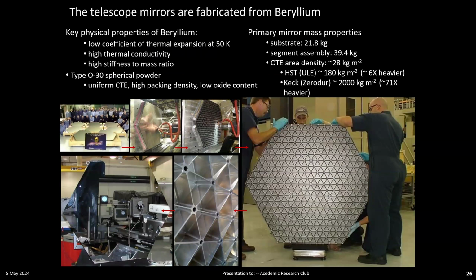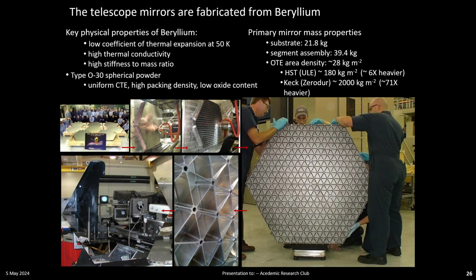Now, the Webb telescope mirrors are not made of glass the way most telescope mirrors are. They're made of a metal called beryllium. Why did we use beryllium? Well, as the telescope slews around the sky, points to different objects in the sky in the shadow of its sun shield, there are small temperature gradients that will form in the mirror.